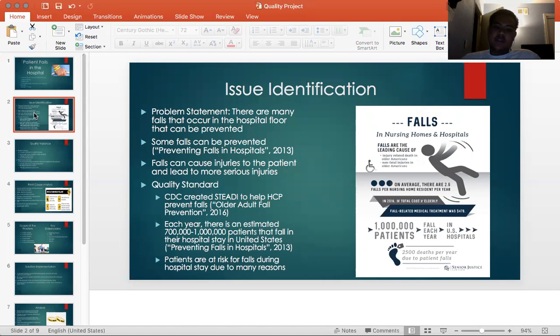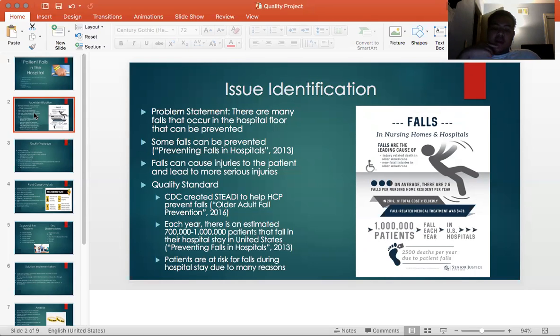Each year, there's an estimated 700,000 to 1 million patients that fall during a hospital stay in the United States. That's a really high amount of falls every year, and that's not even including how many injuries there are when a patient falls.